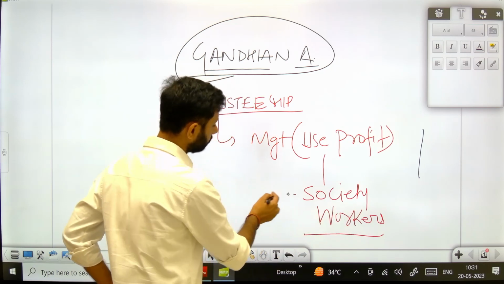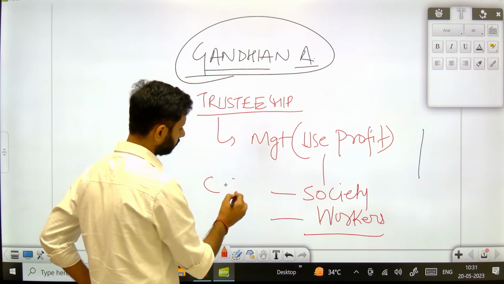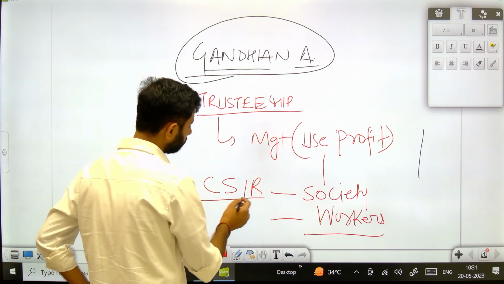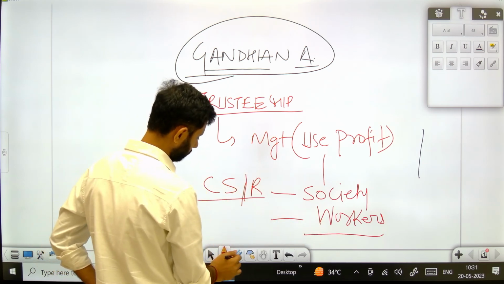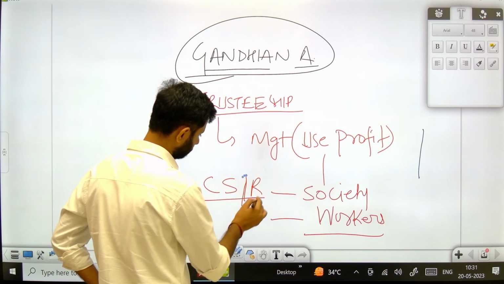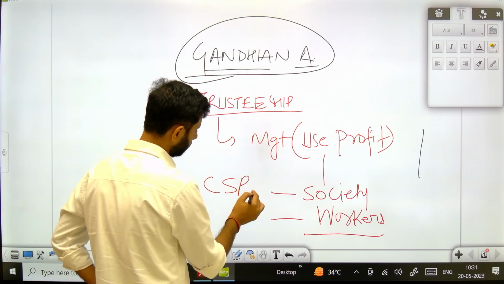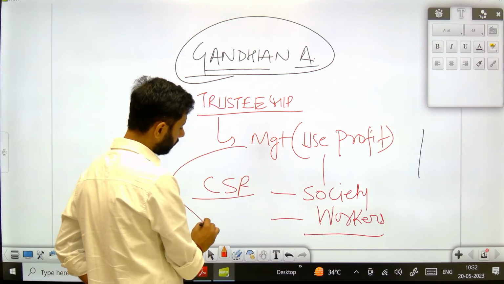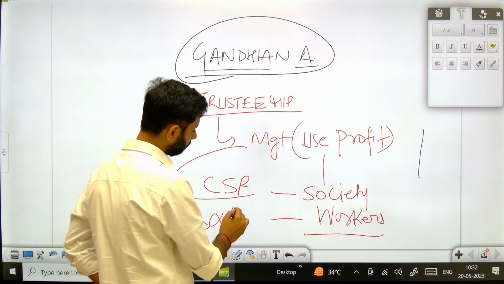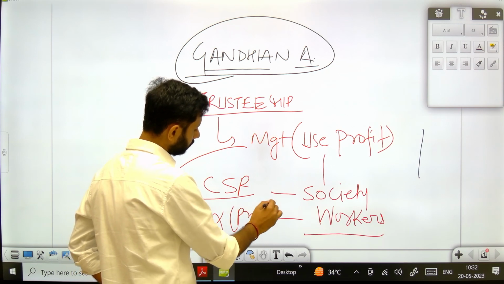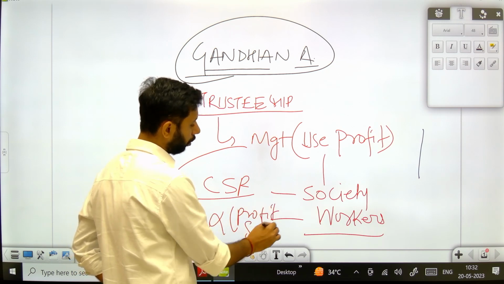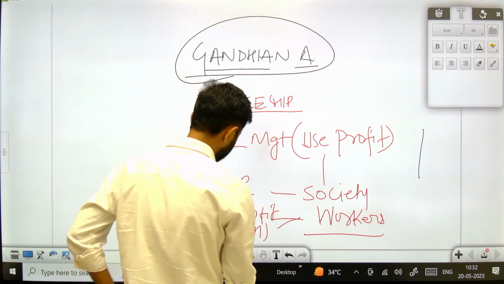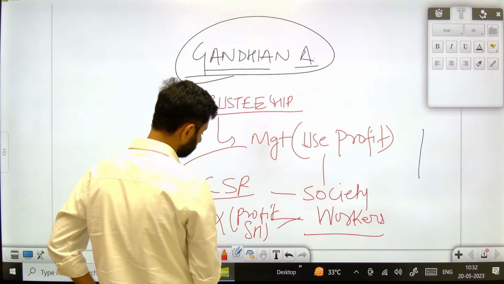And we have a very practical example of this, the CSR provisions for all industries. Sorry, not CSIR, CSR, corporate social responsibility. And for workers, companies like Maruti Suzuki provide a profit share to all its workers every year, whenever annual figures are out.